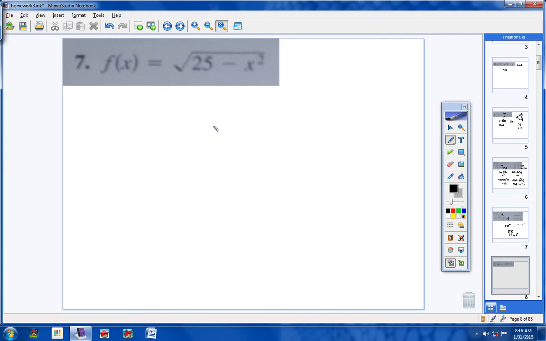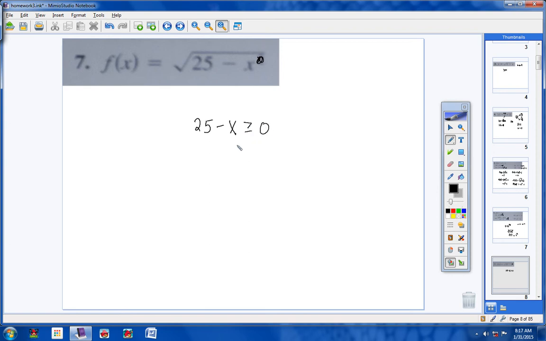Okay, now the domain for this is going to be tricky, obviously, because we have a square under a square root. Okay, so first of all, we're going to take 25 minus x squared. Now, if there was not an x squared, students, you would just say the inside has to be what? Greater than or equal to 0, right?